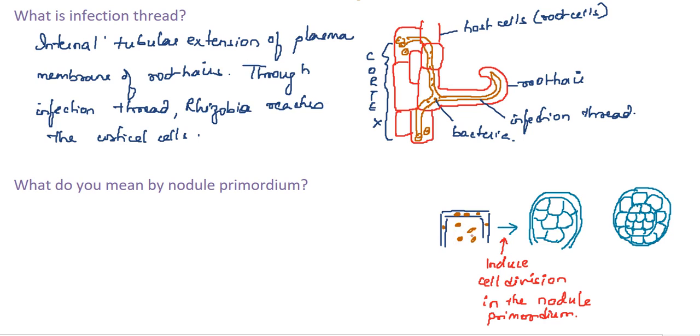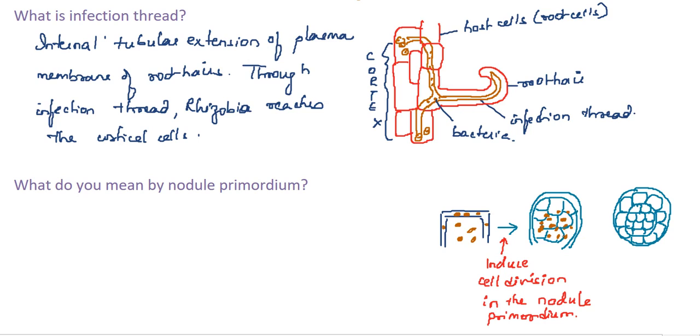So after the bacteria accumulate in a cell, they will induce cell division in that region, and this region is the nodule primordium. So see here, these are bacteria which have infected the central zone.